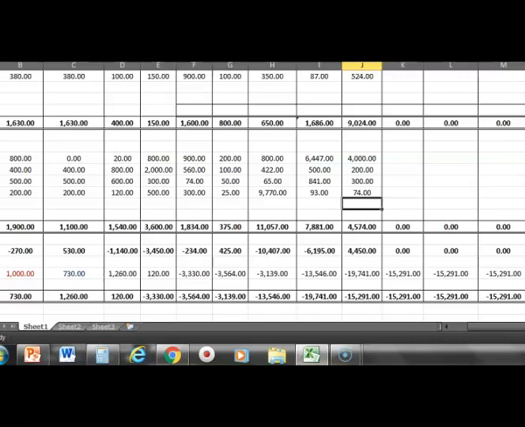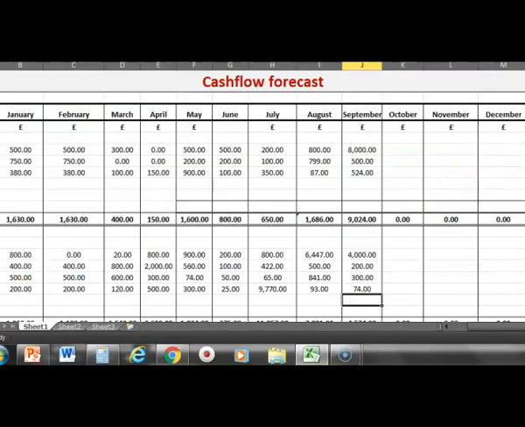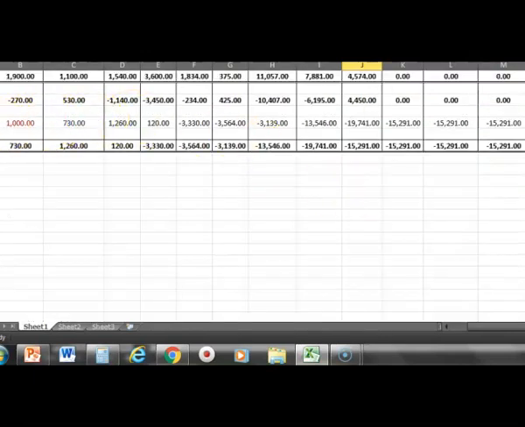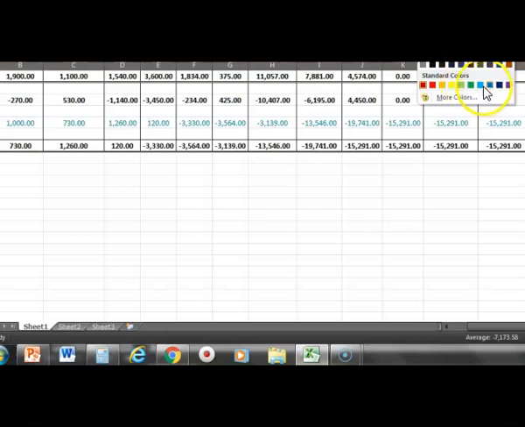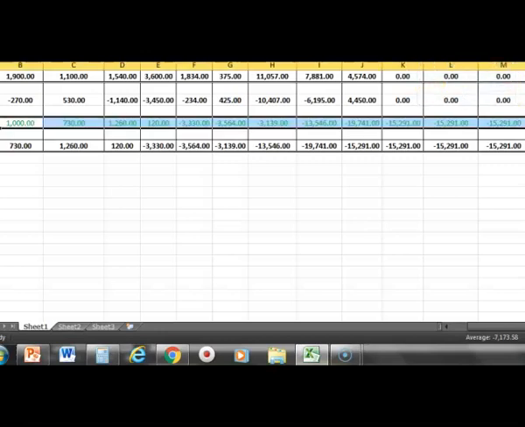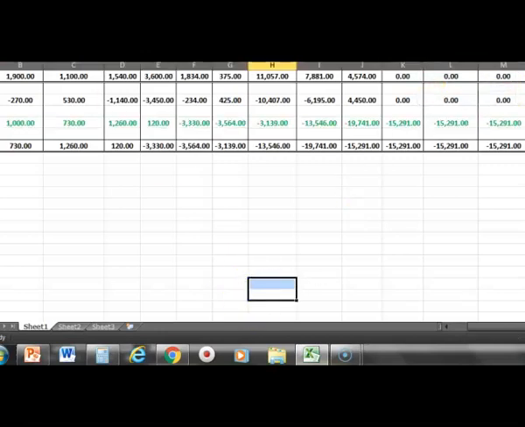Okay. I want to mark this green because I want to talk about it. Is it green? Yeah, I want to mark it green and make it bold.